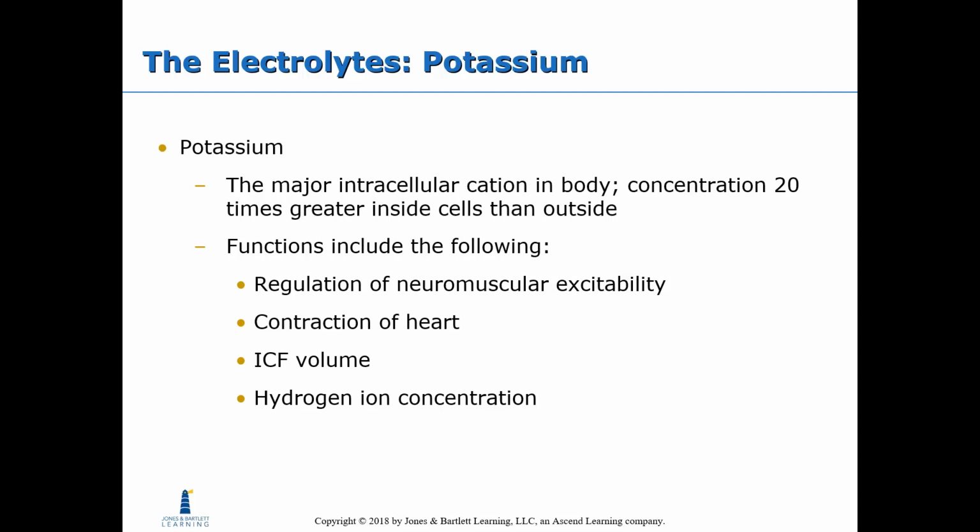So in our nerve impulse, we have sodium rush into the cells, and then potassium rushes out of the cells. And then more potassium will rush out of the cells, and then we have this whole system reset for each nerve impulse. So anytime we have that neuromuscular excitability, we need to have both sodium and potassium present.